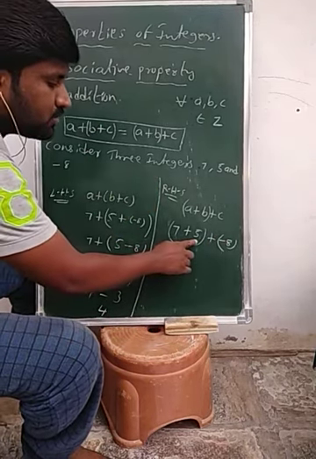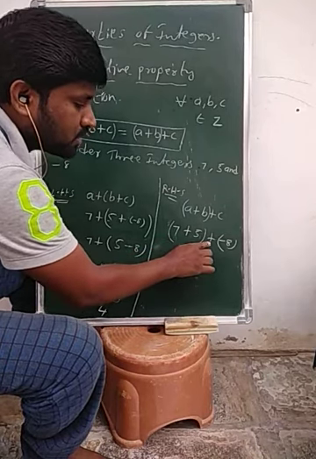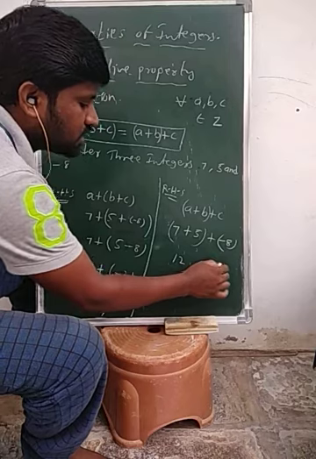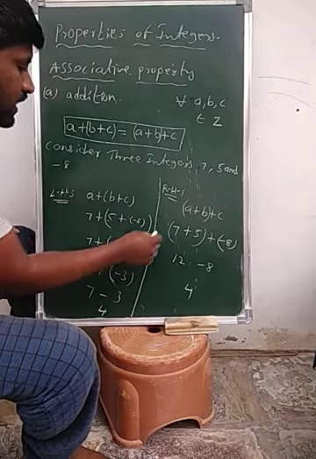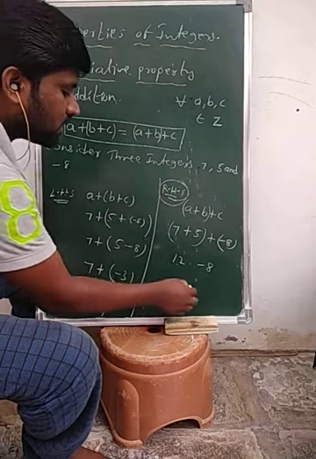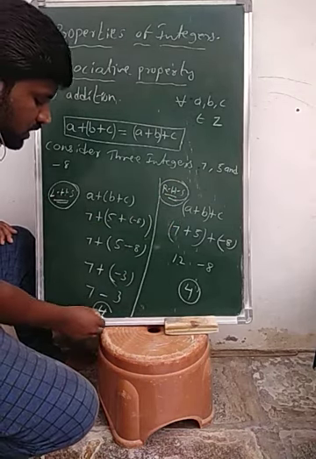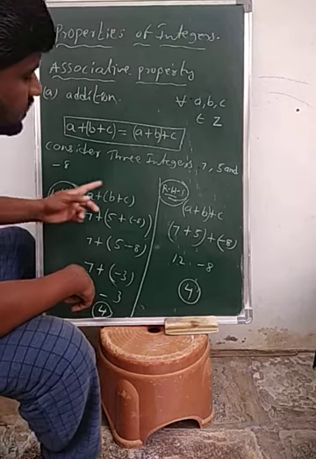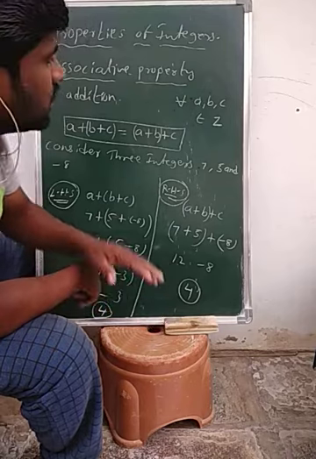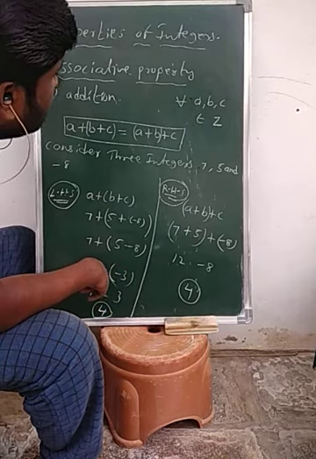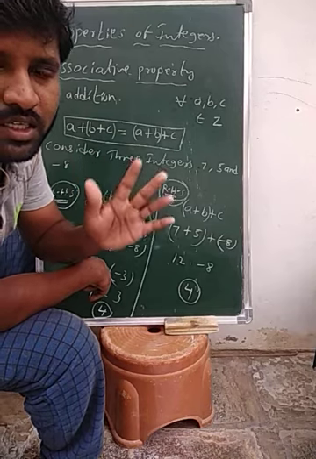Now 7 plus 5 means 12, plus of minus means -8. Okay, 12 minus 8 means 4. Clearly the RHS part is 4 and the LHS part also we get 4. Clearly LHS is equal to RHS. So we can say that the associative property under addition is satisfied for integers.